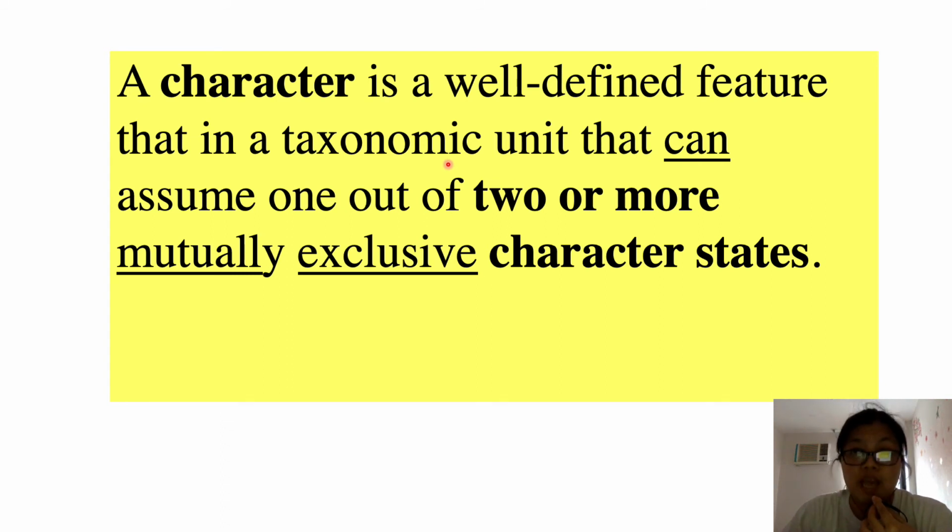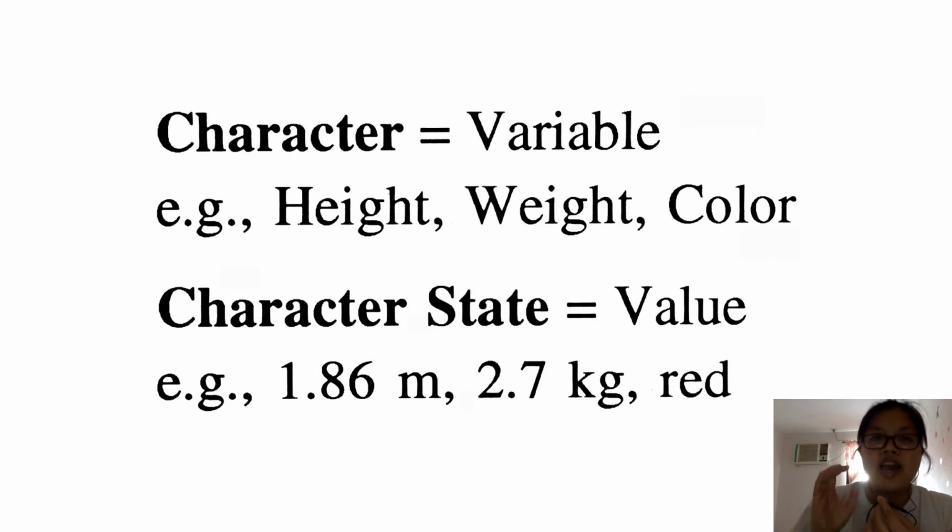And in this example, we have the nails, the rivet, the bolt, and the screw that can assume one out of two or more mutually exclusive character states. For example, a character can be height, weight, or color. For the character state, height can be tall or short.